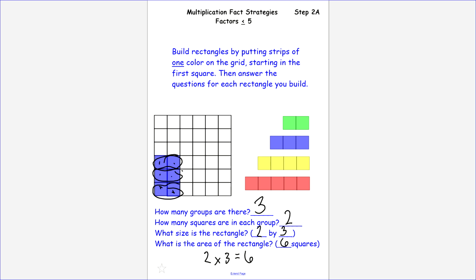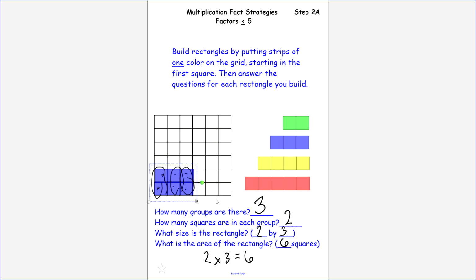The commutative property of multiplication tells us we can change the order of these factors.